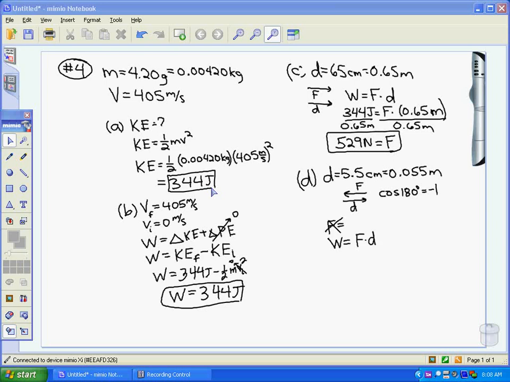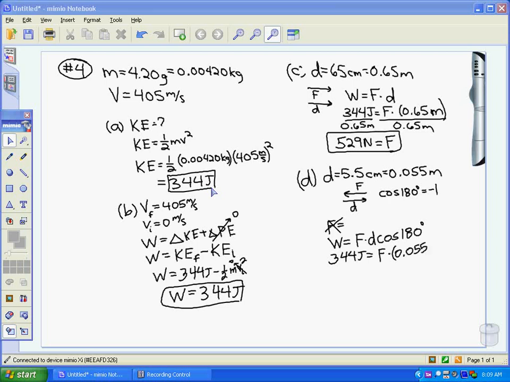So our work, it had 344, and it went down to 0. So 344 joules is going to be the stopping force times our 0.055 meters times -1 for the cosine 180.